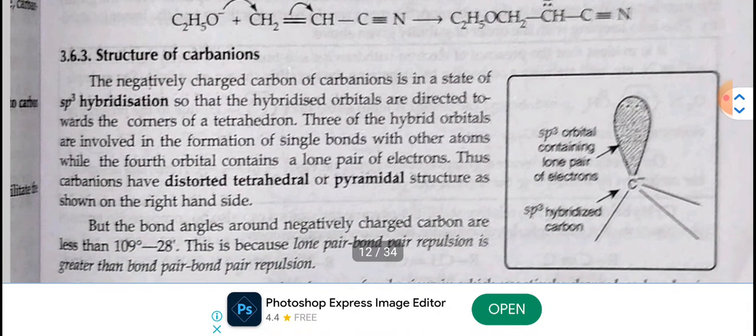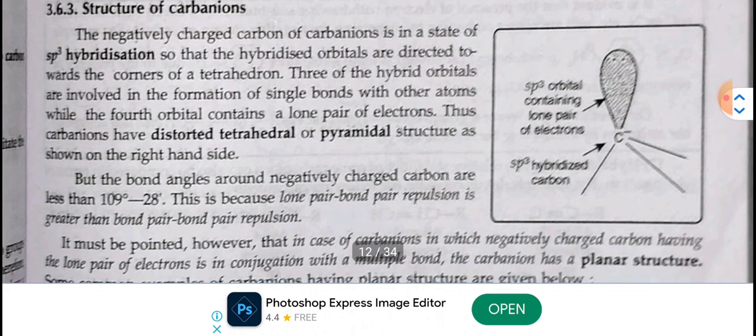Structure of carbanions. The negatively charged carbon of a carbanion is in the state of sp3 hybridization, so that the hybridized orbitals are directed towards the corners of a tetrahedron. Three of these hybrid orbitals are involved in the formation of single bonds with other atoms, while the 4th orbital contains a lone pair of electrons.